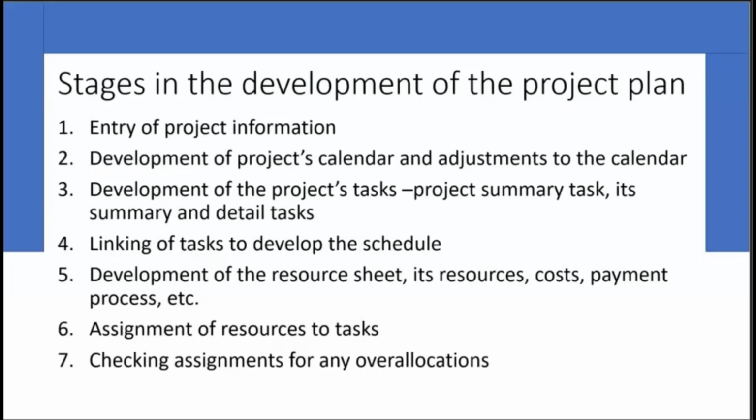One of the things we have to do is to optimize the schedule so that we ensure that in terms of time and cost, this is the best we can do in terms of the schedule.